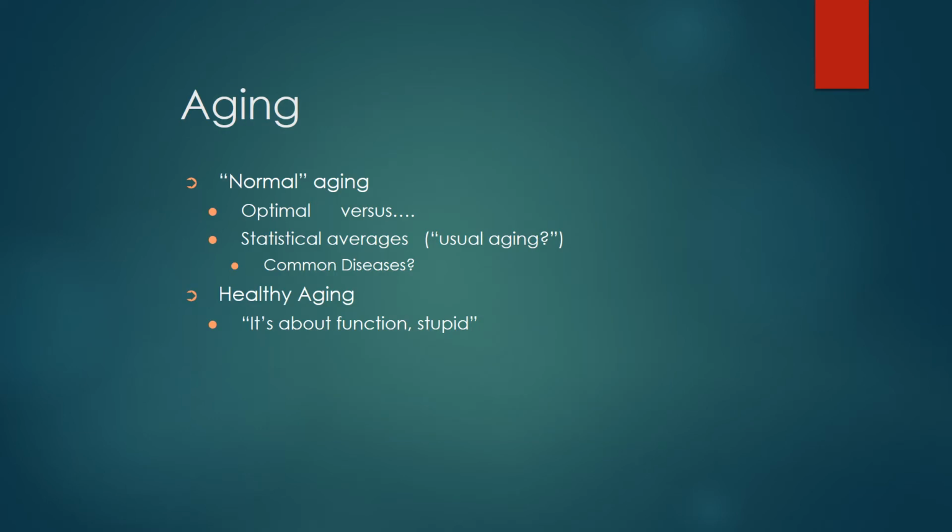Now, when we talk about aging, I think it's really important to make a clear distinction of what we mean by normal aging. A lot of people will throw out lab values that change or functional decline as evidence of normal aging. The problem with that is that not everybody gets that. A lot of people do maintain great function for long periods of time.